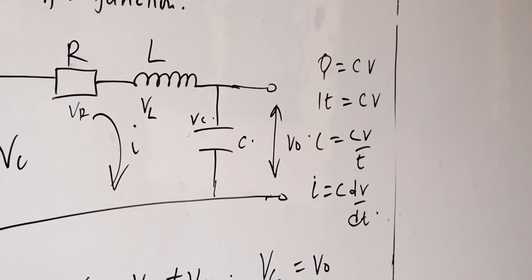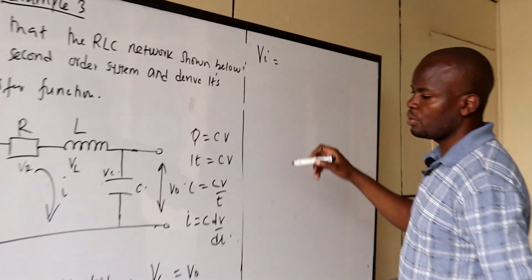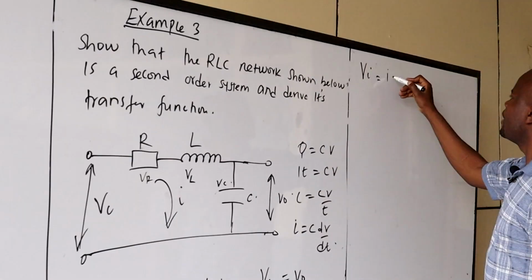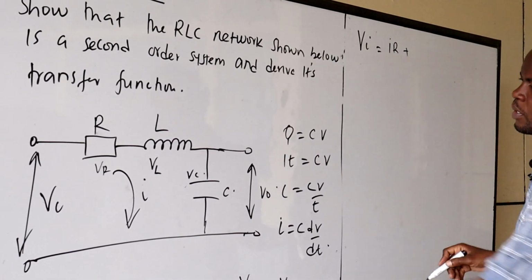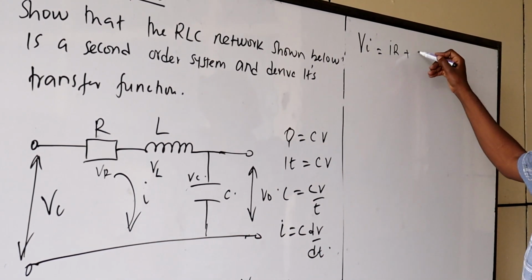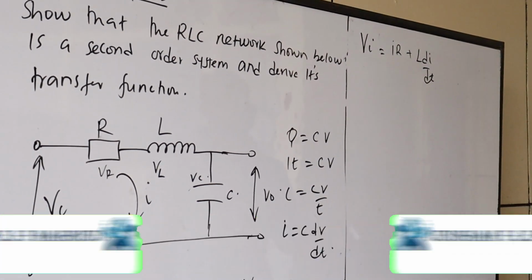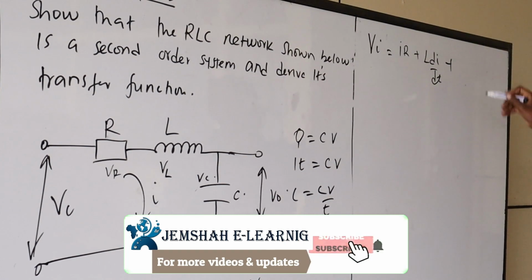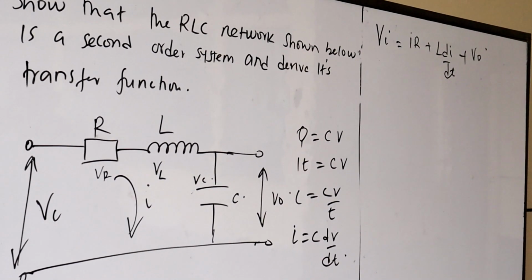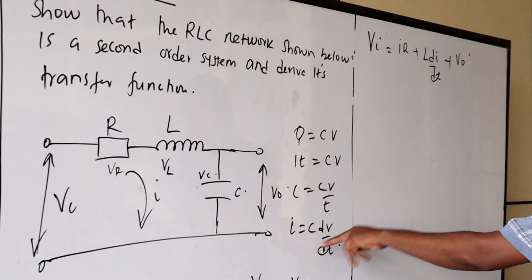And when we do that, our VI will be equal to IR, plus the voltage drop by the inductor, L di over dt, plus V out. So, we can now express all the currents in terms of V out.